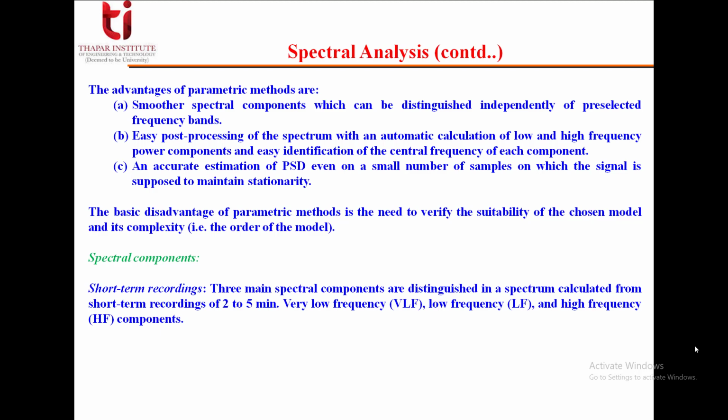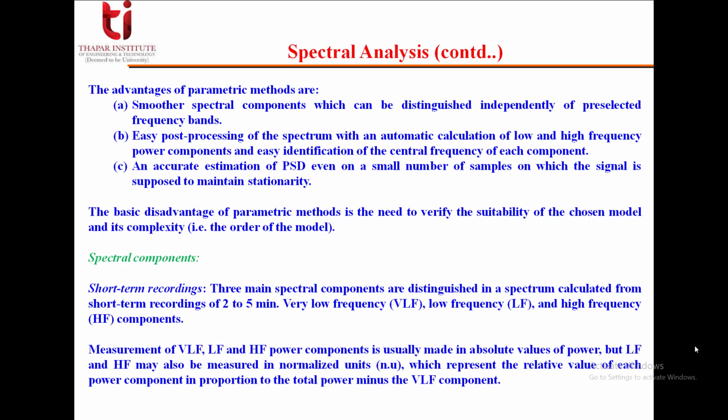Now we'll discuss the spectral components. Short-term recordings: three main spectral components are distinguished in a spectrum, which are calculated from short-term recordings of around 2 to 5 minutes. They are the very low frequency, that is VLF, low frequency, that is LF, and high frequency, that is HF components.